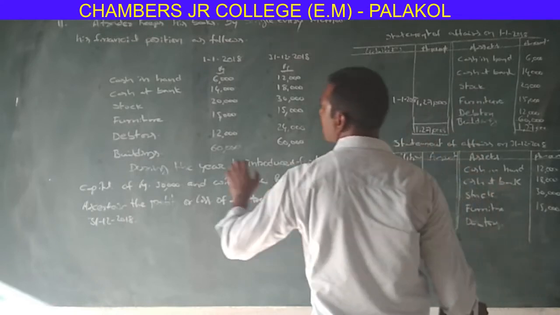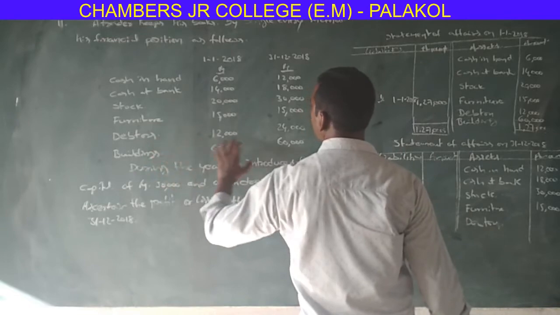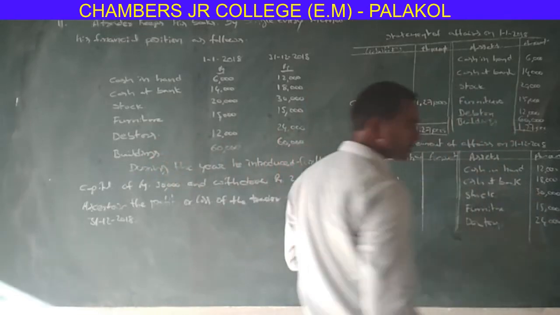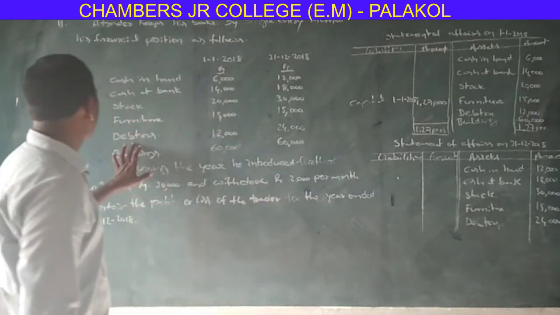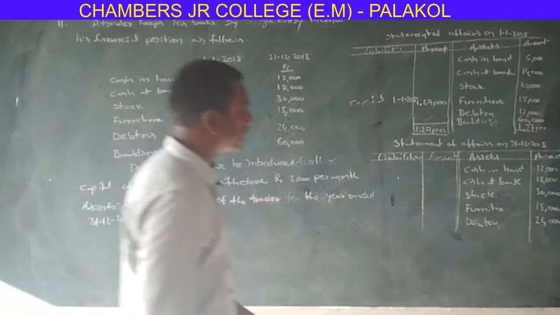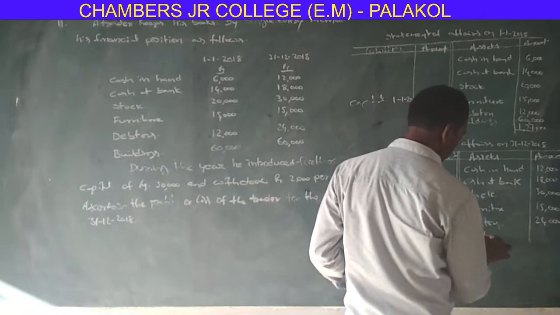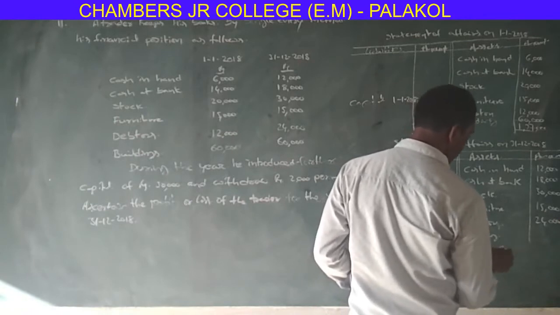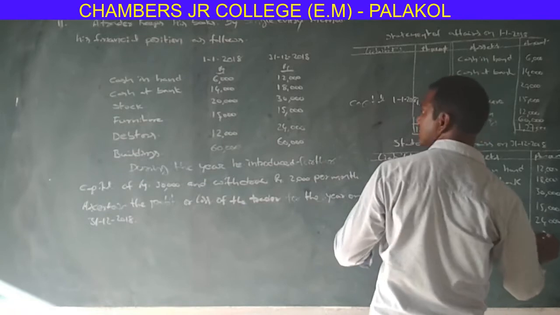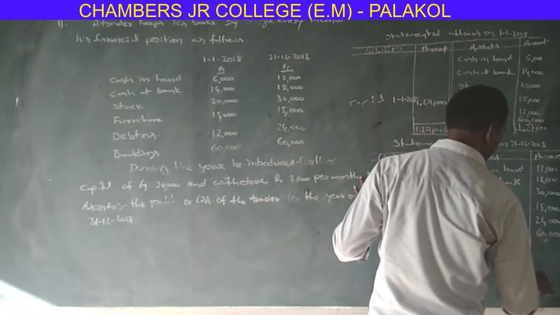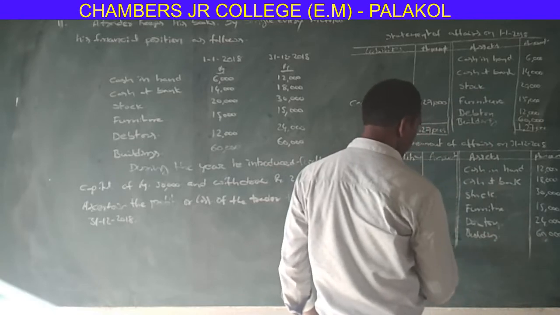Debtors, rupees 24,000. And the last one, building. Building is also an asset. Rupees 60,000. These all are the assets.